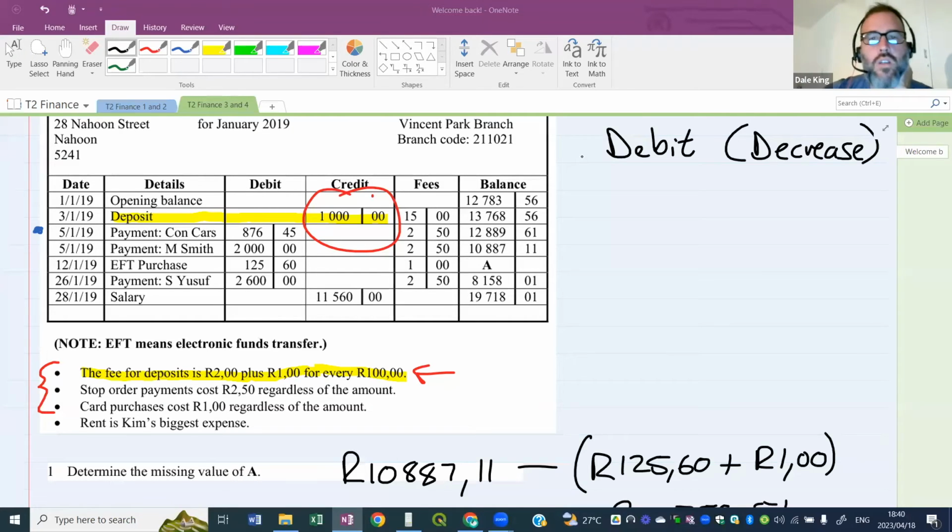So you took this second balance here and then you subtracted the first balance to see what you got. Is that what you did? Yes, sir, I did that. And then you checked it with these two values, the 1,000 Rand and the 15 Rand. You added them together and checked if it was the same. Yes, so I didn't get that answer. So I think the statement is not valid.